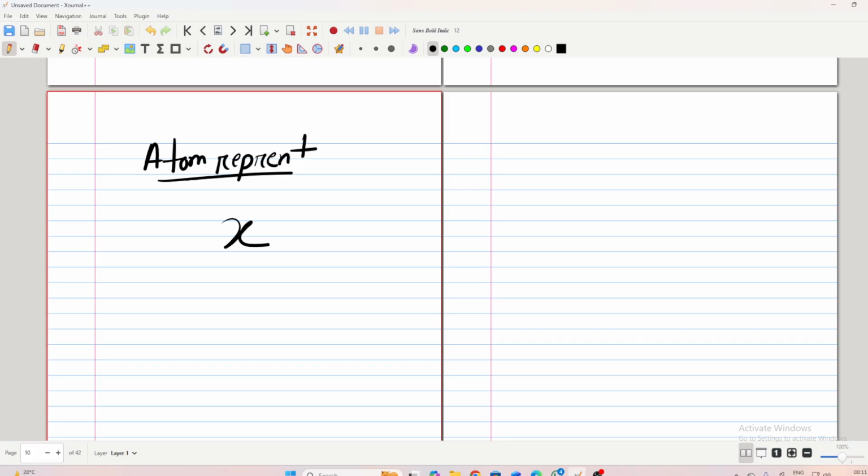If we assume X as an atom, in the head of the X, the atomic mass is taken, and in the foot or under the X, this is called Z.